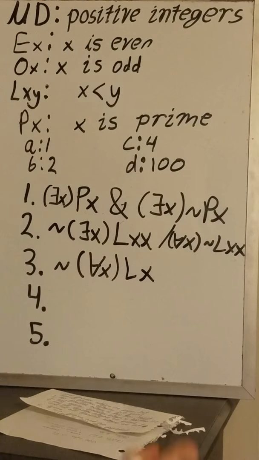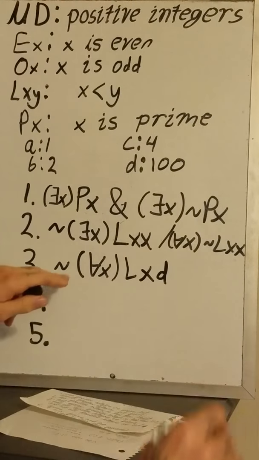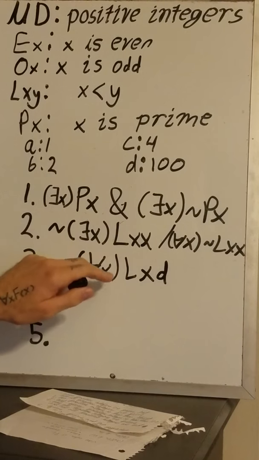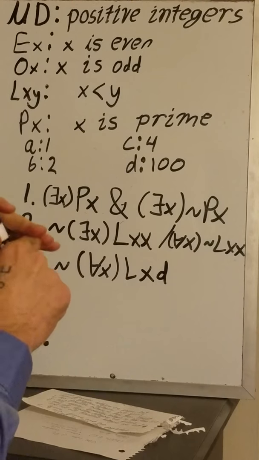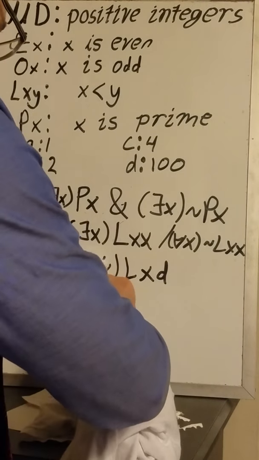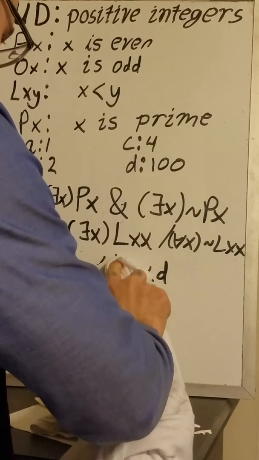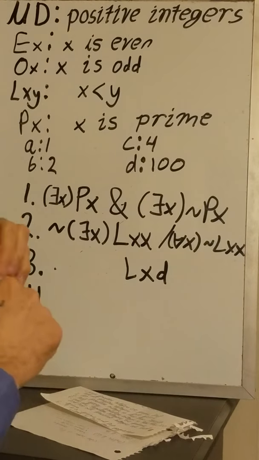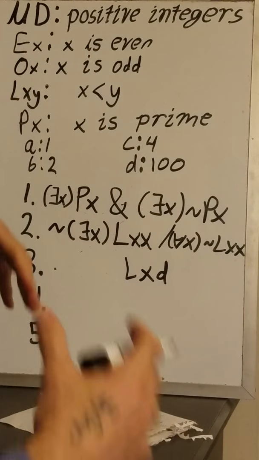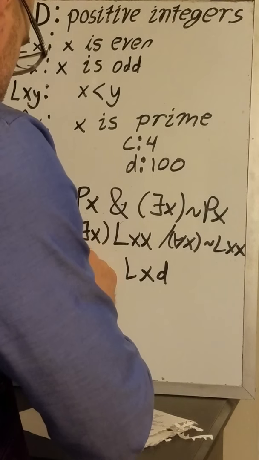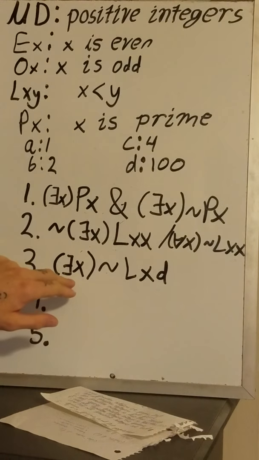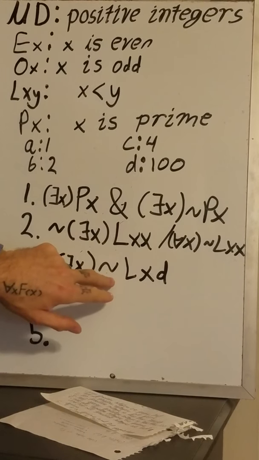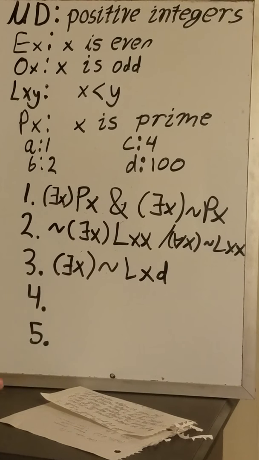It's D. So not every positive integer is less than 100. And again, there's alternate ways to say this. We could also symbolize it this way. This gets a little bit farther away from the English, but it means logically the same thing: there is some positive integer that's not less than 100.